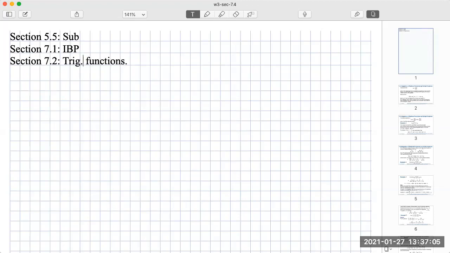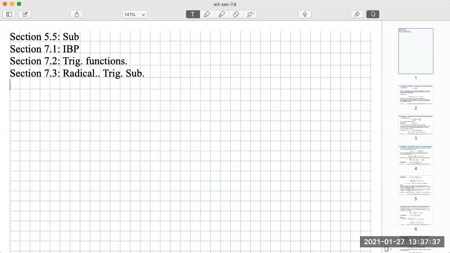Okay, review them. Section 7.3, because we have already reviewed these, I just want to give you the summaries of everything we've done. And now we need to deal with the radical signs, right? Yeah, trig substitution. Very good, thank you.